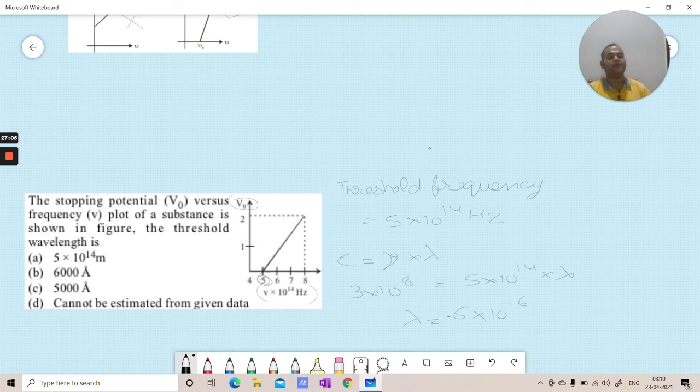Now we'll convert this into 6,000. Now we have taken up 4 zeros, so we need to give 4 to this power, 10 raised to the power minus 10. This becomes 6,000 angstrom. So option B is the correct option.